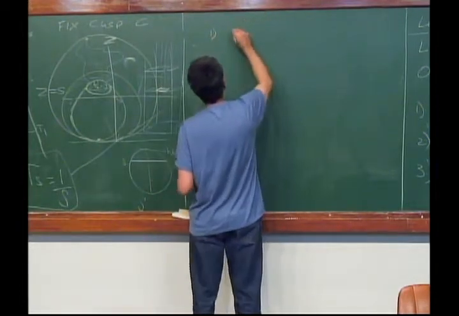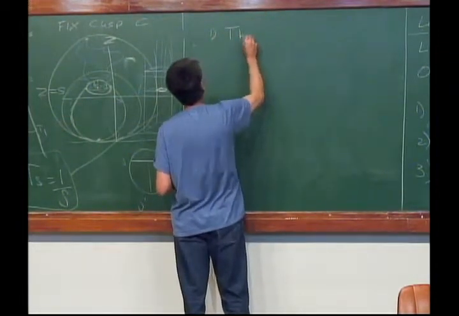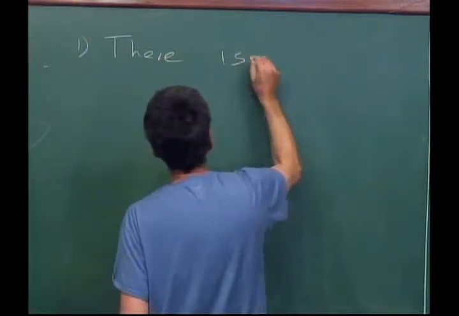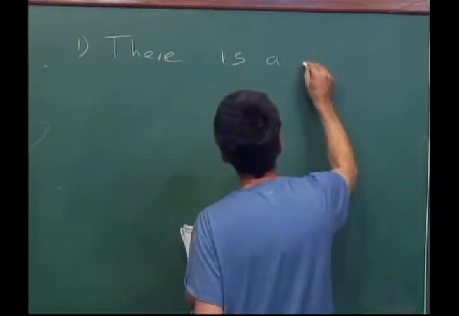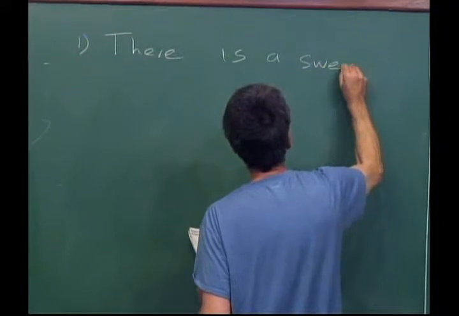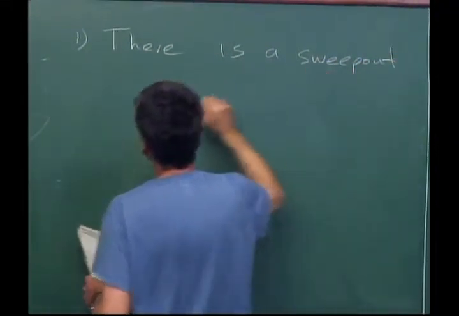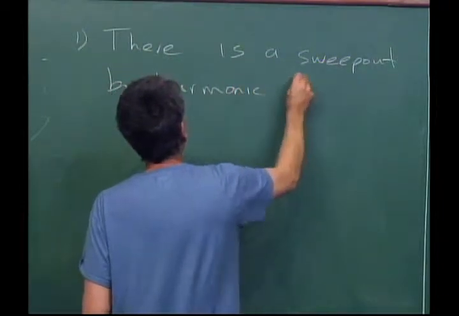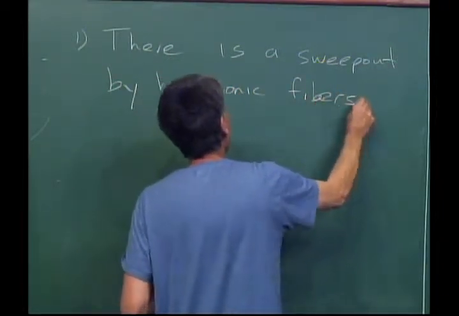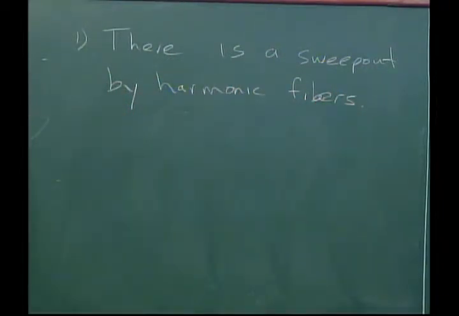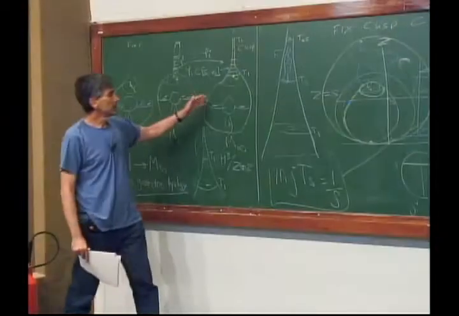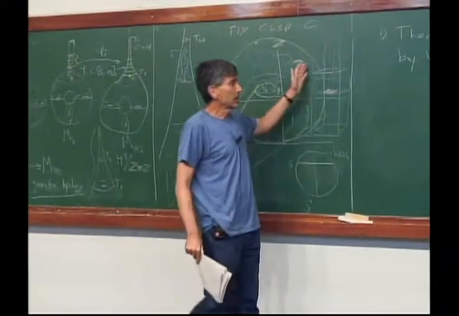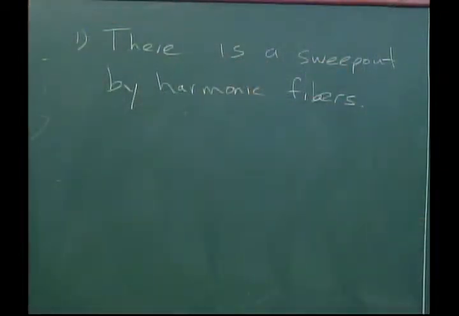Some evidence for this is that there is a sweep out by harmonic fibers. So it is possible to take a one-parameter family of fibers, starting and ending with one of these fibers, each of which is parameterized by a harmonic map.